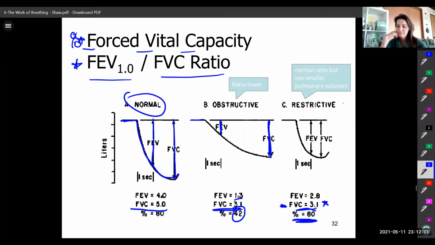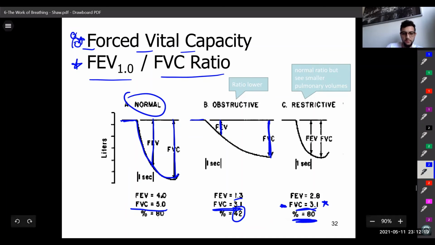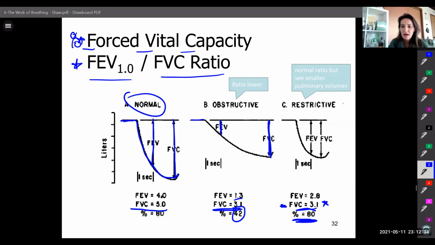Hey, Professor, just very quickly for restrictive, Sunny said in the chat that it should be 90%. Oh, let's see here. Did they do the math wrong on this diagram? If they did, it should be 90. Yeah, that's fine. So if this is 90%, that's still normal, right?